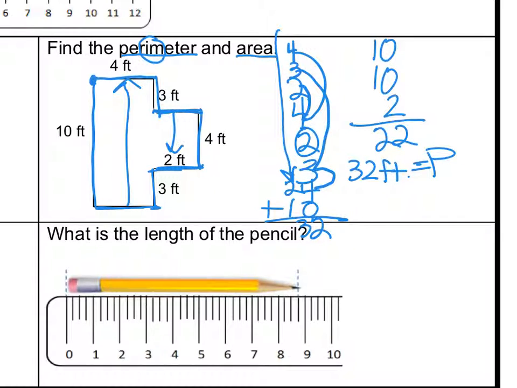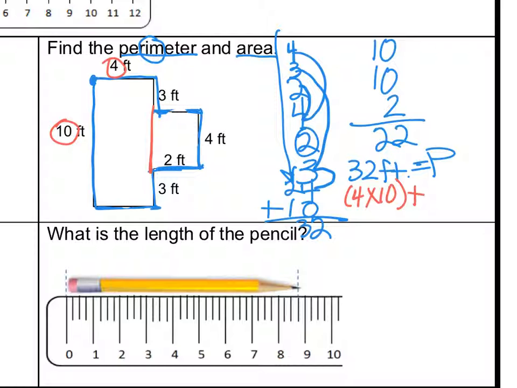Now if we do area, I'm going to erase everything I did before here on the inside. I'm going to subdivide that into 2 different rectangles. Now it's clear to see here. I'm going to do 4 times 10 plus.